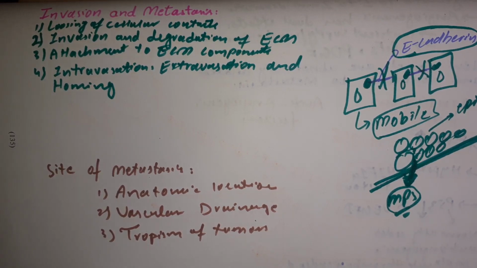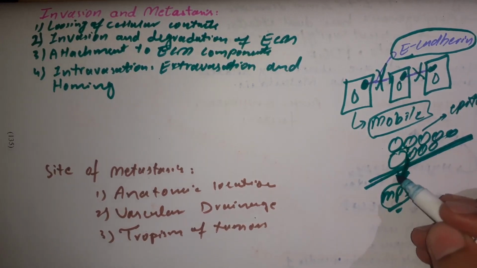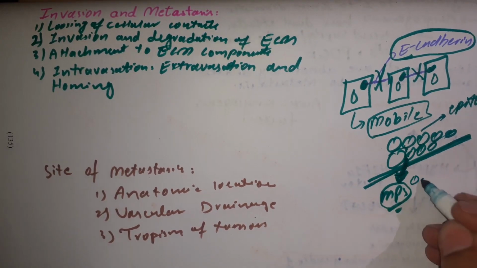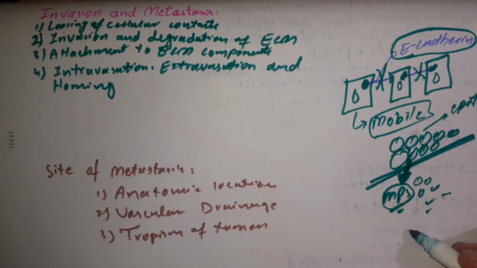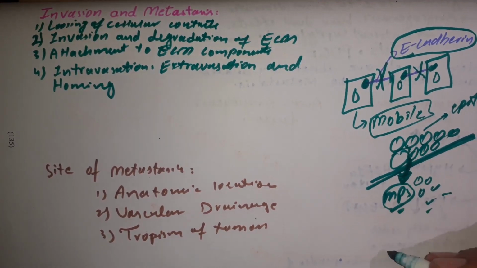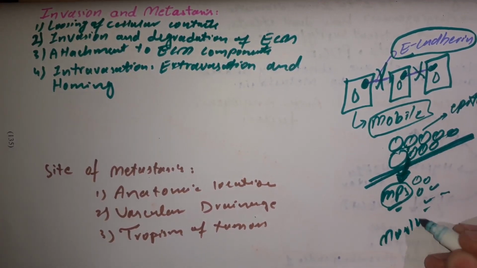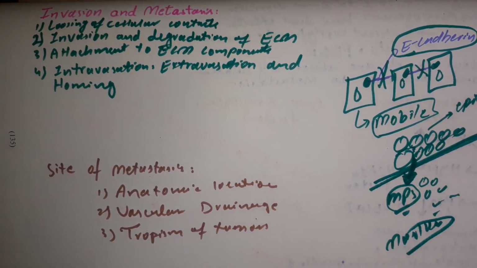In addition, they destroy the basement membrane, separate into the extracellular matrix and other surrounding tissues, and in this process they can attach to various proteins and cellular markers present in the extracellular compartment or other tissues.